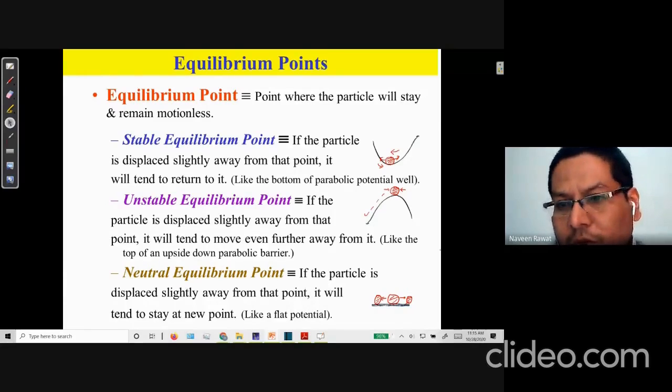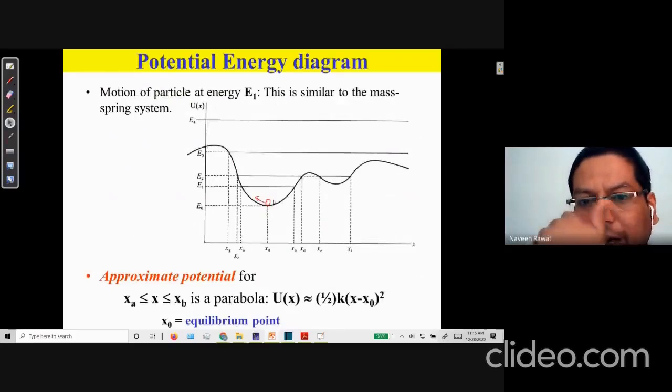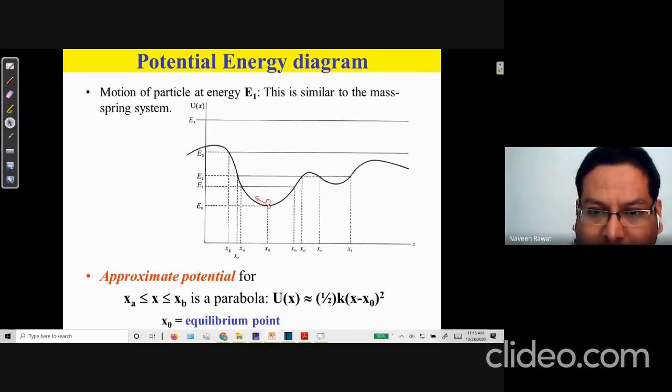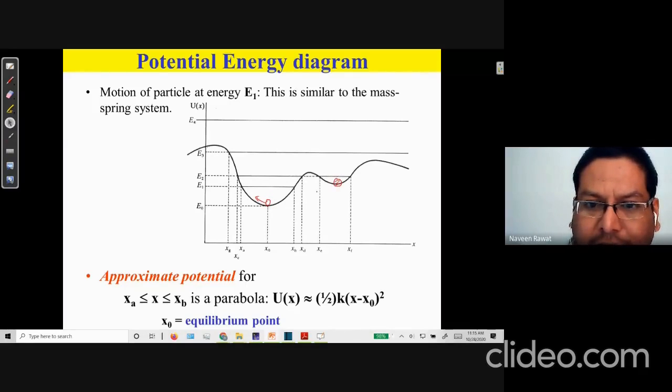Okay, so again, you can go back and see the curve that we had here, right? So again, this x0 position, if the particle is here, this would represent a stable equilibrium position. Okay, similarly a position here will be a stable one. Okay, and then we can represent the unstable situation with a different color.